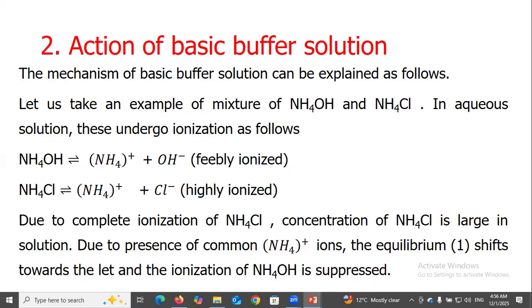Ammonium hydroxide ionizes to ammonium ion and hydroxide ion, which is feebly ionized, and ammonium chloride ionizes to ammonium ion and chloride ion, highly ionized. Due to complete ionization of ammonium chloride, the concentration of ammonium ions is large in solution. Due to the presence of the common ion, ammonium ions, the equilibrium shifts towards the left and ionization of ammonium hydroxide is suppressed.